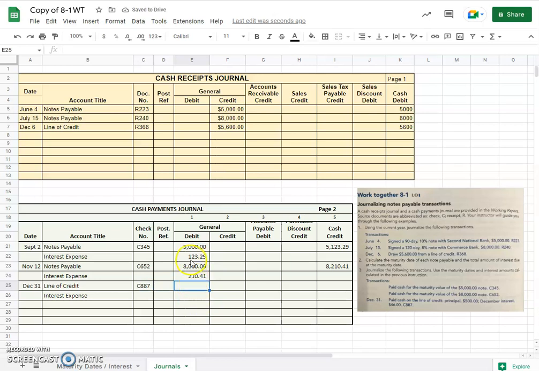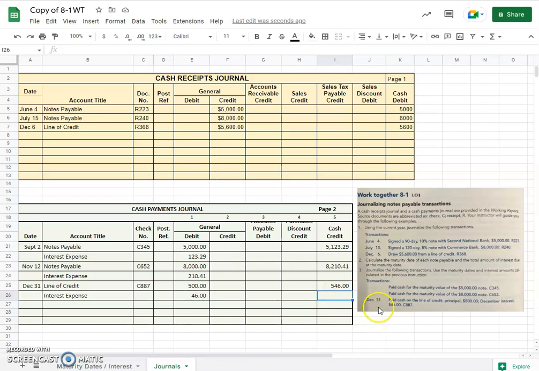And the amount we paid on principal was $500. And remember, we took out significantly more than that, but we're not paying all of our line of credit off yet. We're paying $500 though. And we're paying interest of $46. So we'll add those together to get our cash credit. There's what we paid on our check.